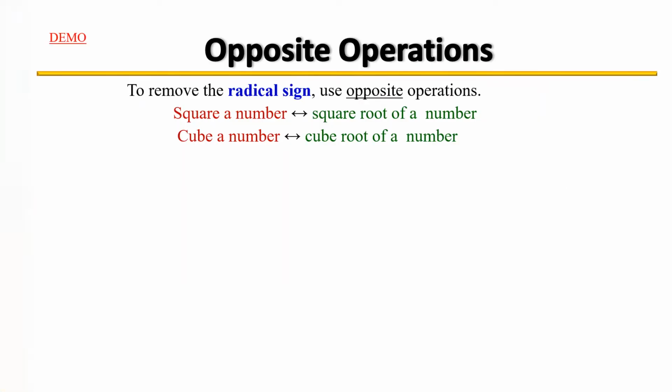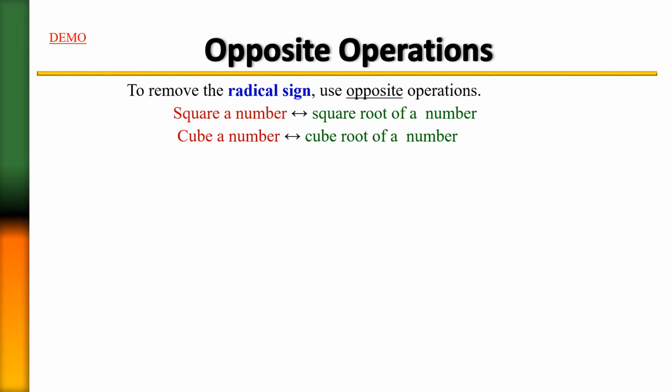Now, when you're solving radical equations, one thing you have to remember is during the process, you're going to be using opposite operations to solve. And here's what I mean by opposite operations. When you square a number, such as 5 squared, that means 5 times 5, which is 25.